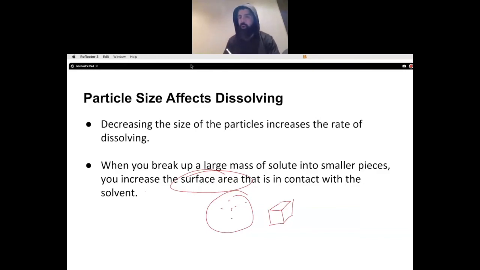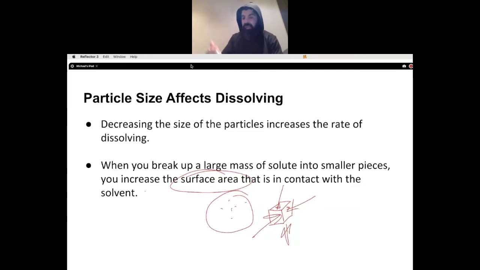But if you throw in a sugar cube and let it dissolve as is, the coffee is going to slowly try to eat away at that cube. This cube is three-dimensional, so the particles held within the sugar cube will not be coming into immediate contact with the solvent, with the coffee, to cause that dissolving.